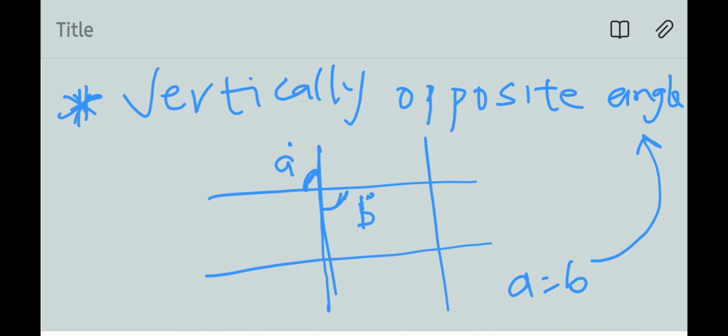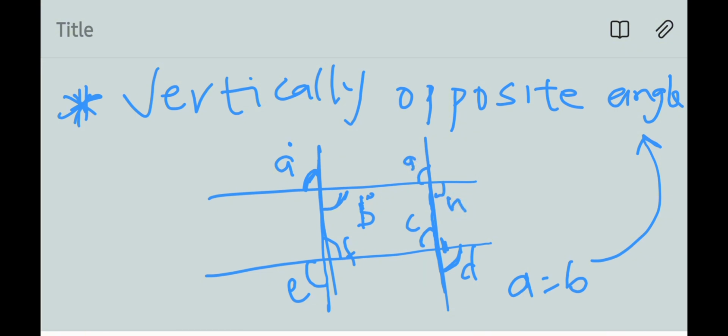So this is what we call vertically opposite. It can also be here and here. They are all attached on one horizontal line, but they are opposite of each other. This is angle C and D, they are also vertically opposite. Then it can also be here and here, angles E and F, they are vertically opposite. Same thing here, angles G and H, they are also vertically opposite angles.